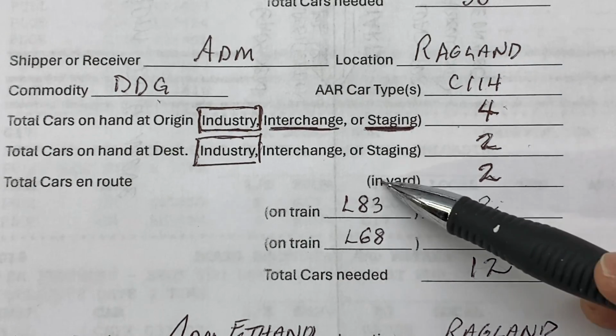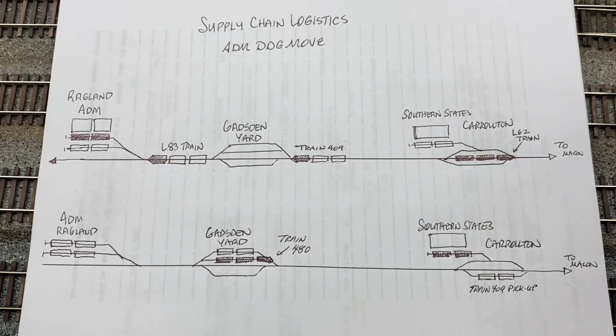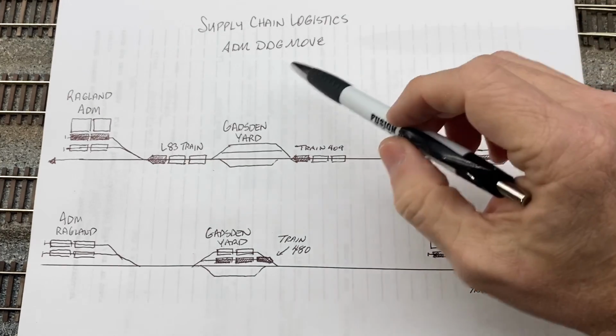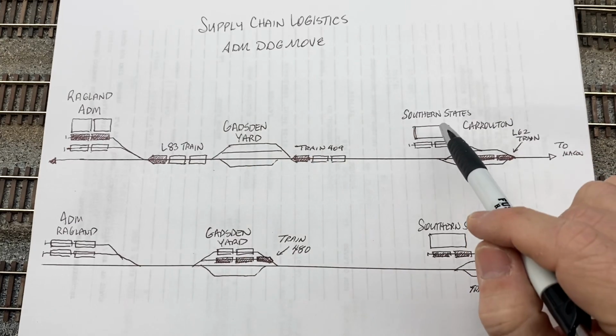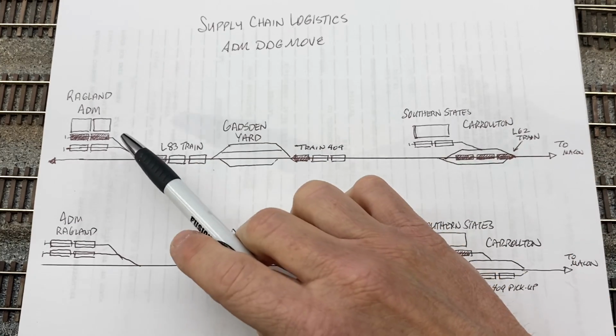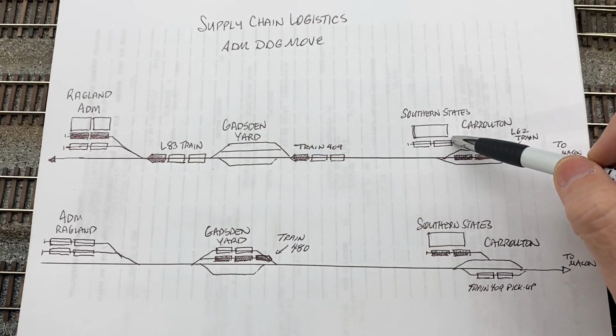So one of the questions was, what do these 2 in the yard represent? Let me explain. Let's look at this actual ADM DDG move, because ADM has a contract with Southern States to supply the cars, 2 loads of DDG that they require.